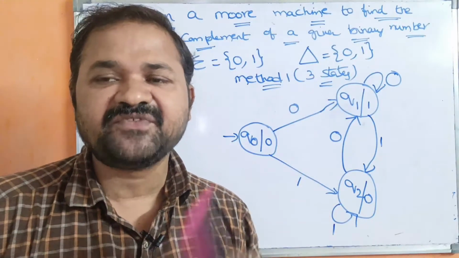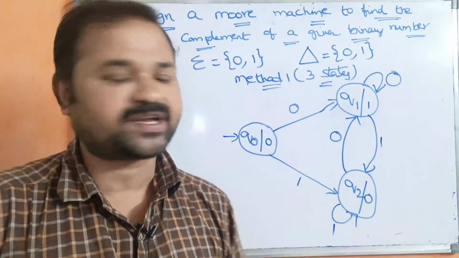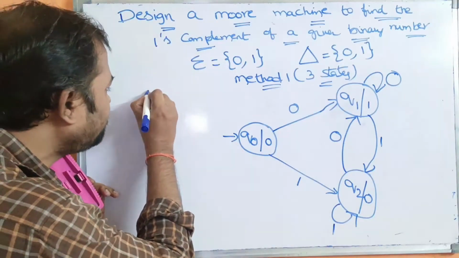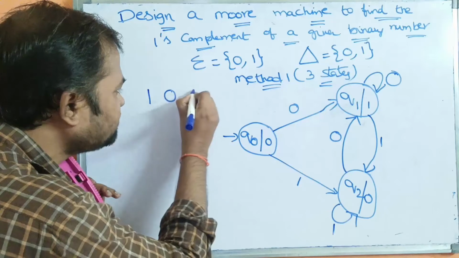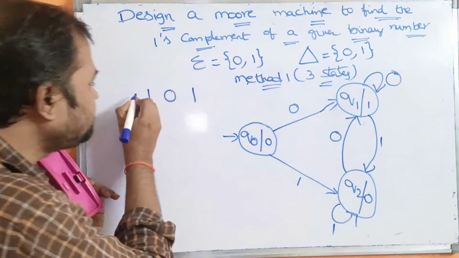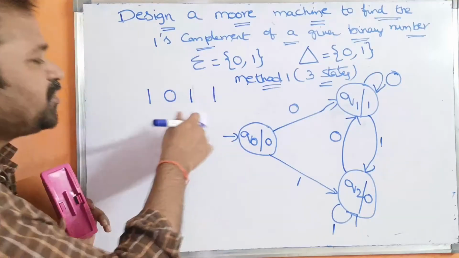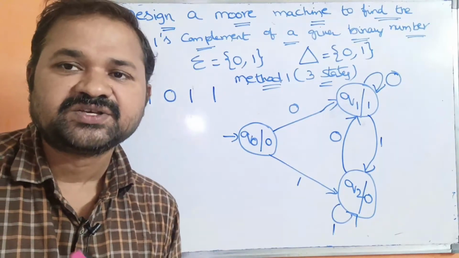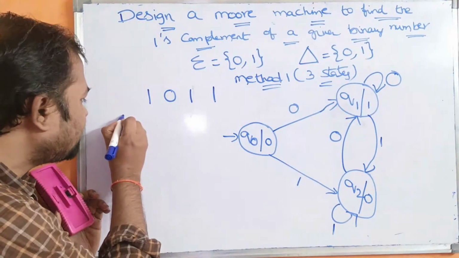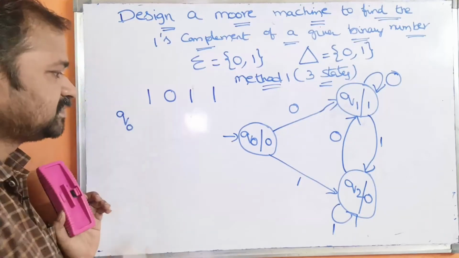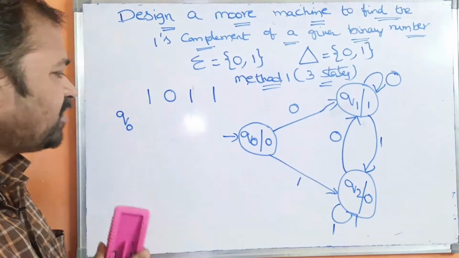Now let us check whether this machine is correct or not. For that, let us take an input string. Let the string be 1011. So for 1011, what is the output? 0100 is the output. Initially we are at the Q0 state.